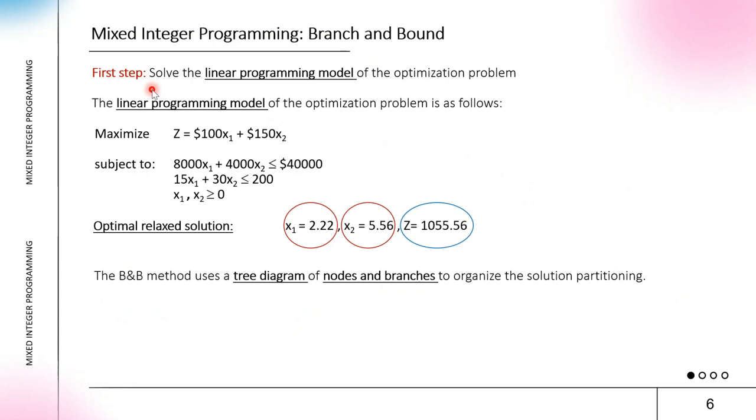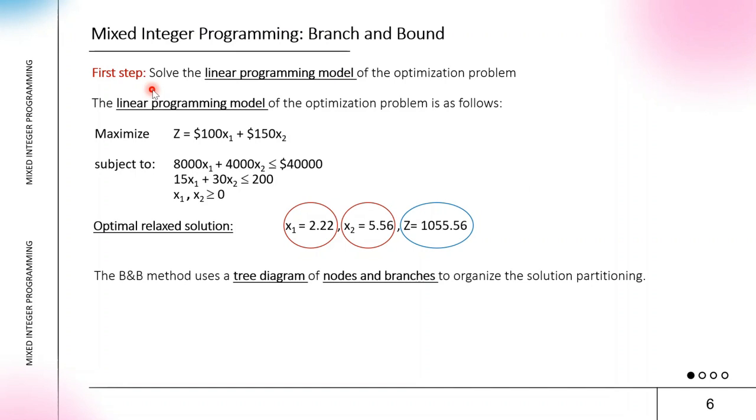This slide describes the LP form of the optimization problem. We can use different techniques such as the simplex method that we discussed in the previous sessions to solve the LP form of the optimization problem. Solving the LP form gives us the optimal solution.